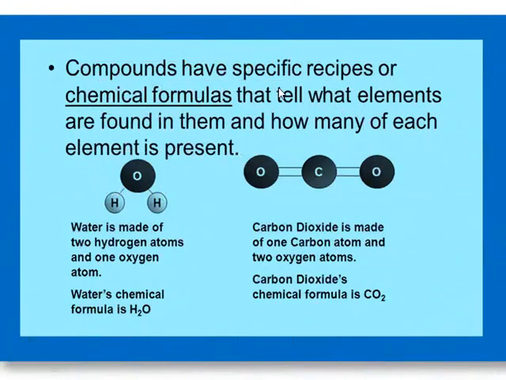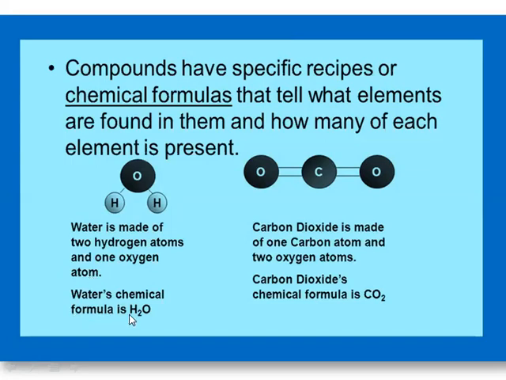Compounds also have specific recipes or chemical formulae that tell what elements are found in them and how many of each element is present. As we discuss water, water is made up of 2 hydrogen atoms and 1 oxygen atom.